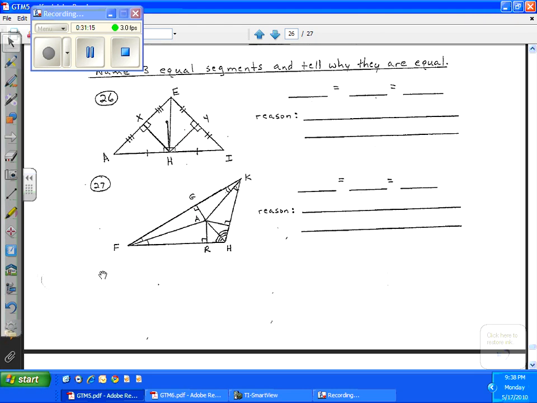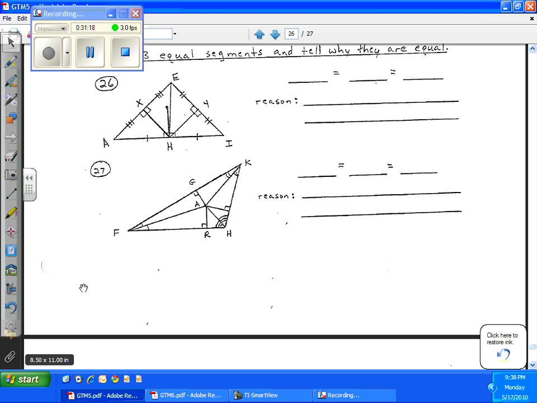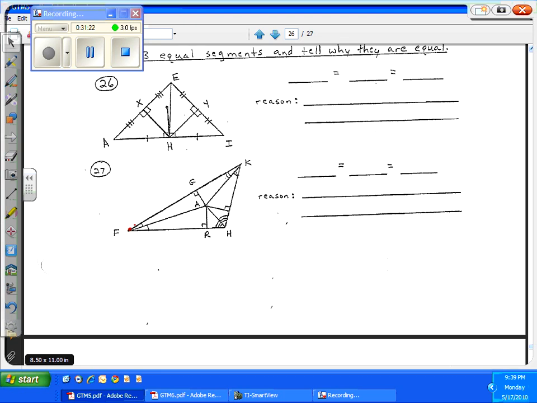Number 27. Number 27, what we have given are angle bisectors. An angle bisector is a ray that divides an angle into two equal angles. So that was an angle bisector. Here we have the bisector of the original angle K. Can't name it that now because there's more than one there.